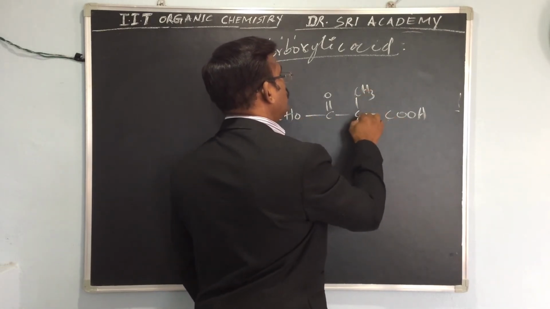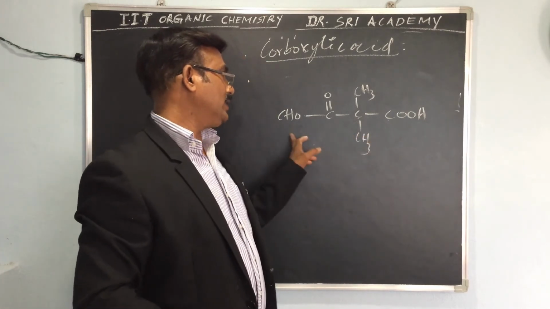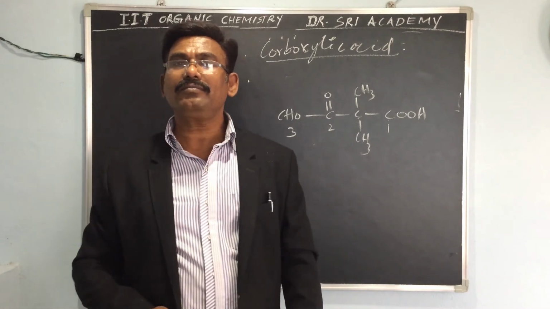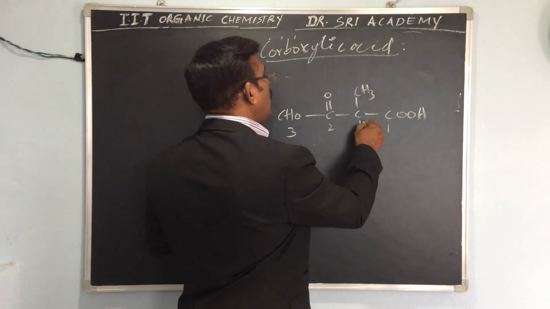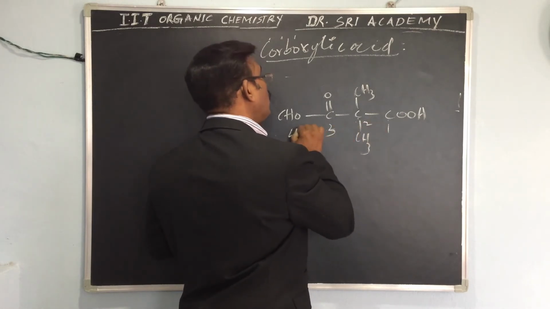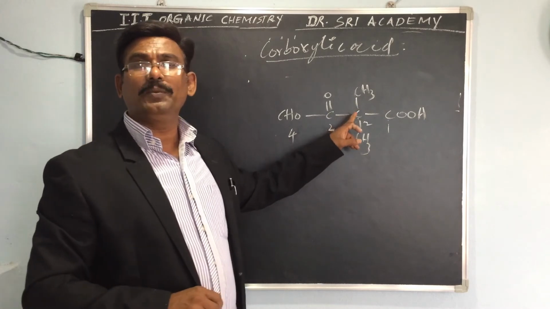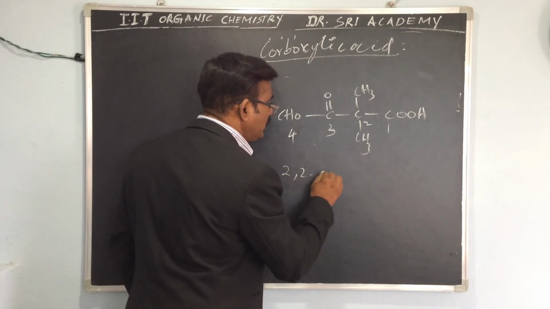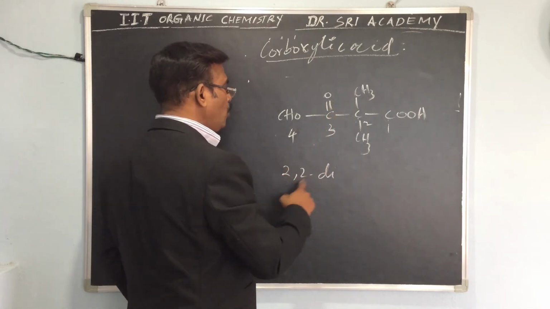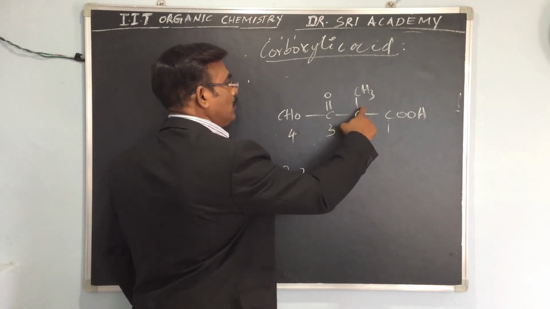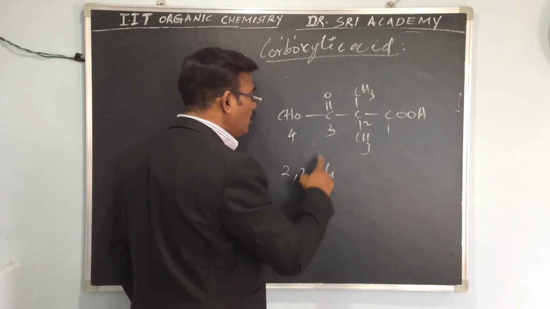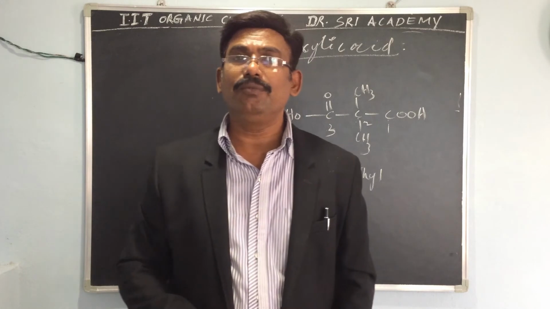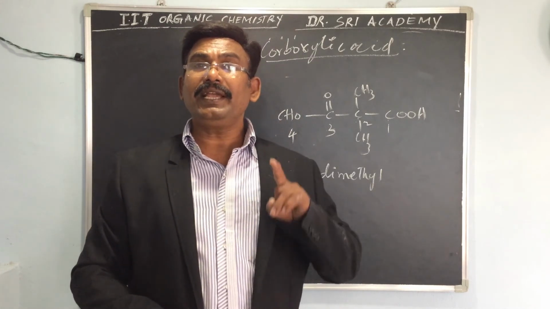The second carbon contains 2 methyl groups, so we can say 2,2-dimethyl. 2,2 means 2 positions: methyl, methyl. That's the reason for 2,2-dimethyl.